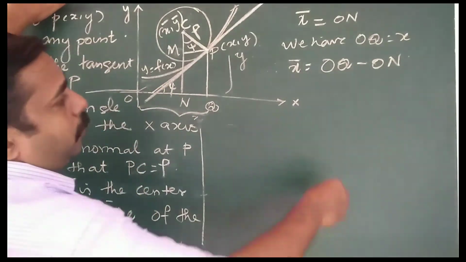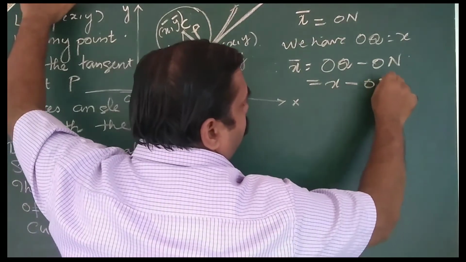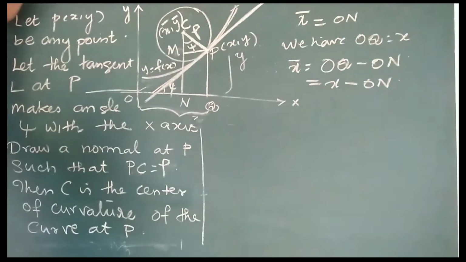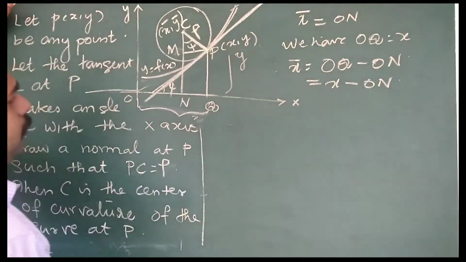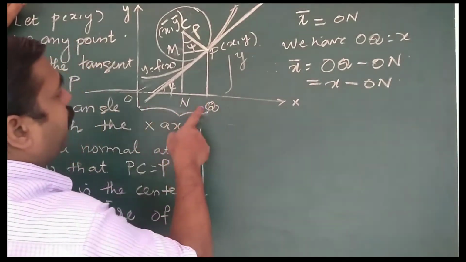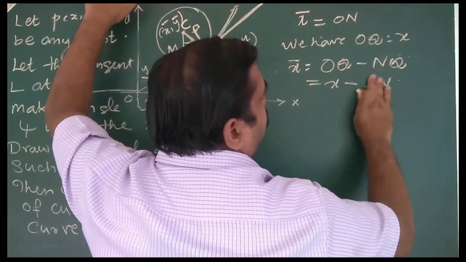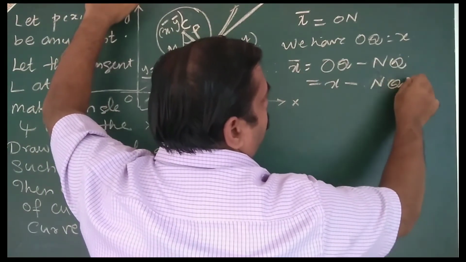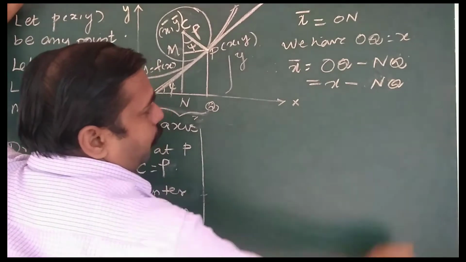What is OQ? Equal to x minus ON. So now our aim is to find the value of, not ON, sorry, OQ minus NQ. So now our idea is to find the value of NQ.